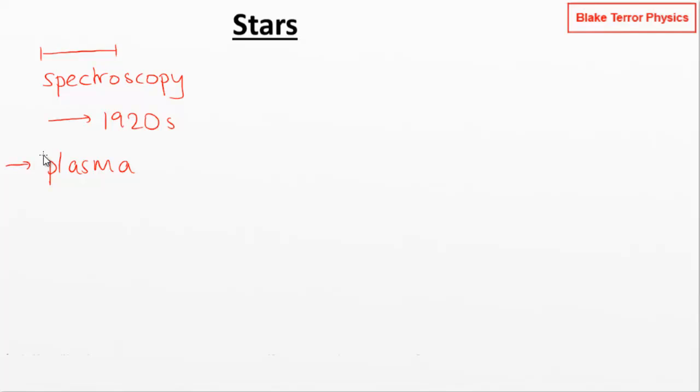We encounter them on Earth in, say, lightning, or if we actually construct them in a plasma screen or something like that. But it's not something we come across on a day-to-day basis. And a plasma is a highly ionized substance, so not necessarily 100% ionized, but the electrons are mostly separated from the nuclei.